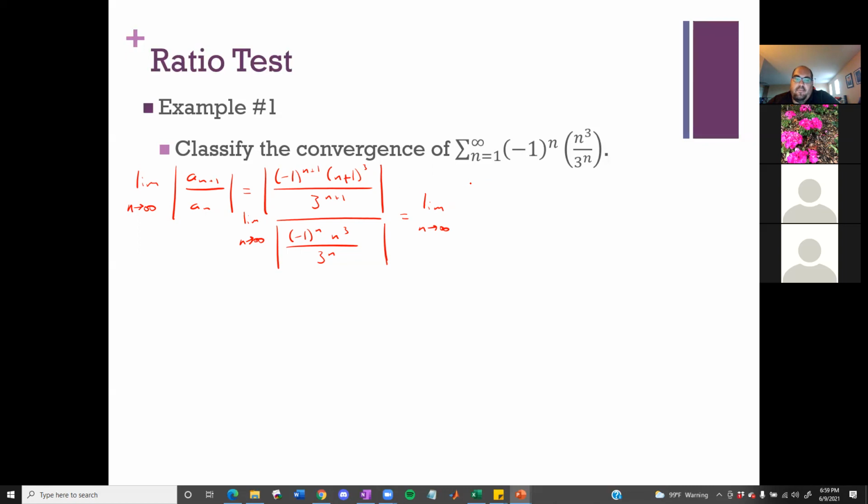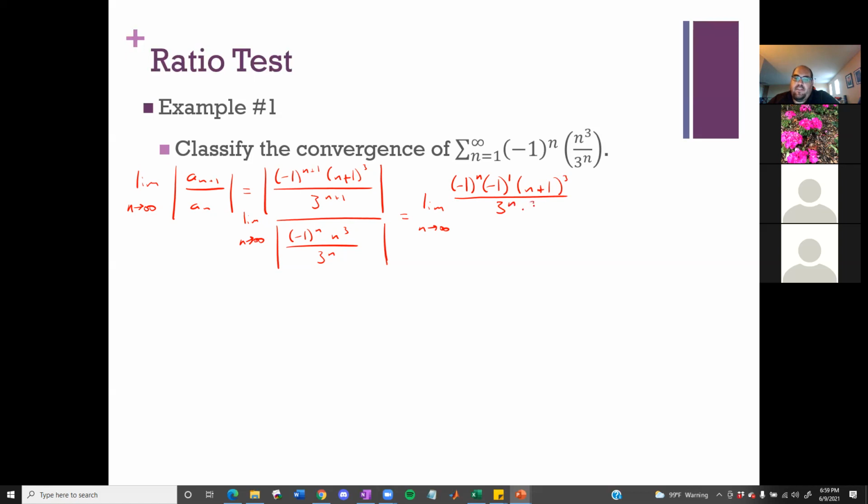So one thing I'm going to remind you of is to look at your exponent laws. We're not always going to go this gradually every time, but I know that I can do this. I can pull apart this -1 to the n plus 1 into -1 to the n times -1 to the 1. I don't really want to expand n plus 1 cubed unless I find out that I have to.